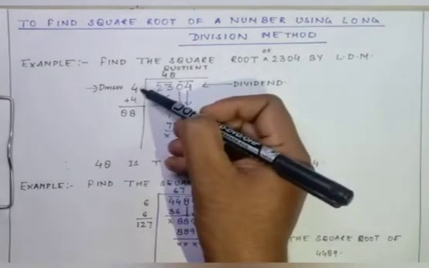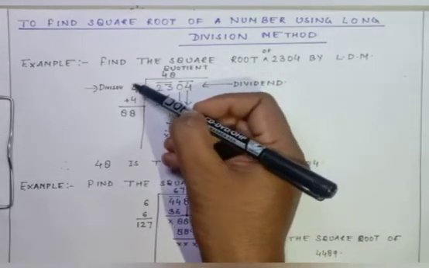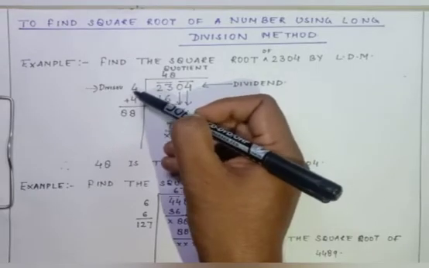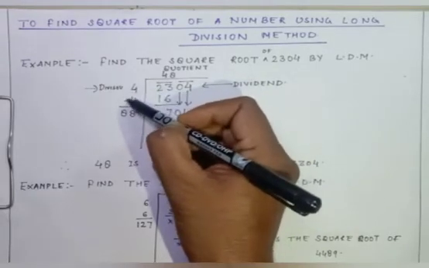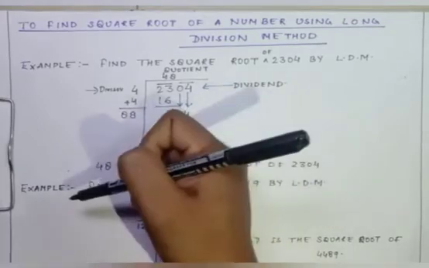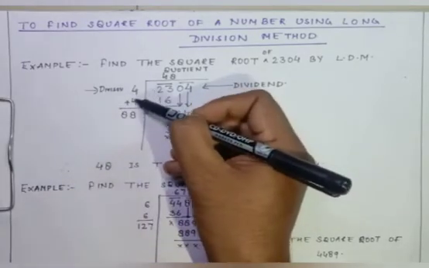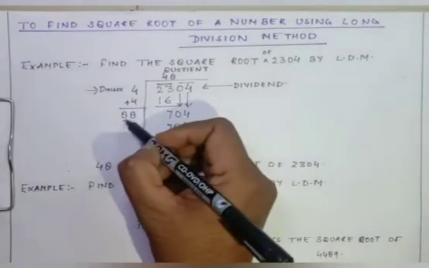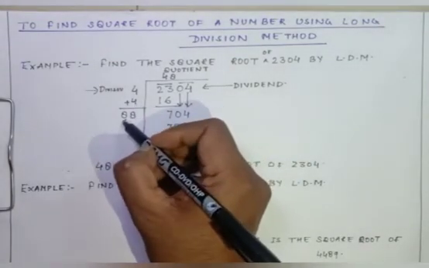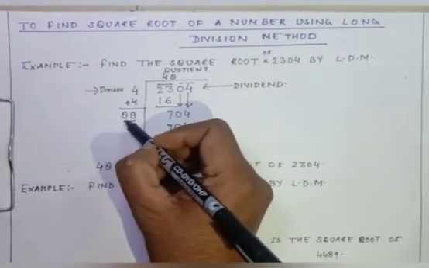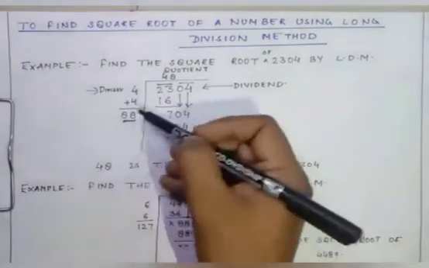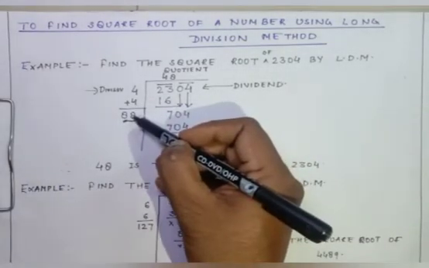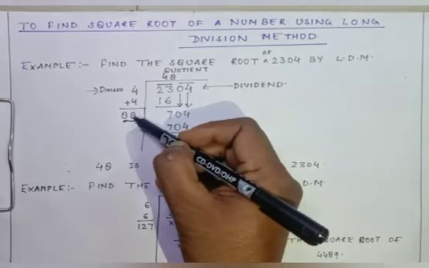Now the second step is whatever number I have taken over here, the same number I am going to add over here. What will be the answer? 4 plus 4 is equal to 8. Now this is the new divisor. Now again I am going to place the same number over here, the number which I am taking over here.